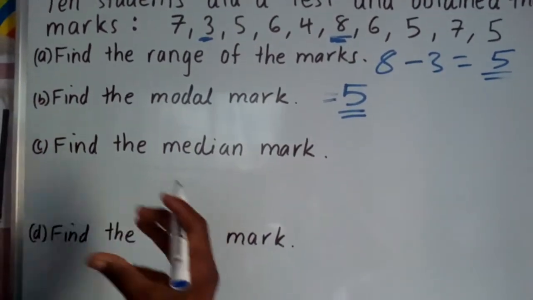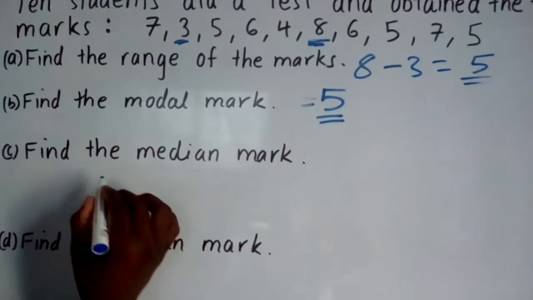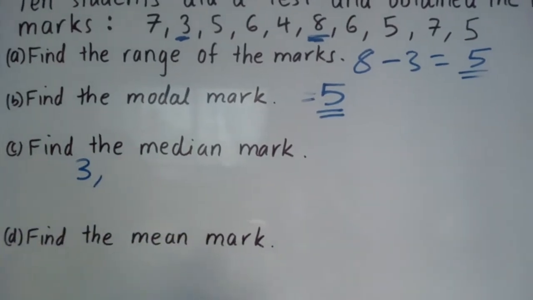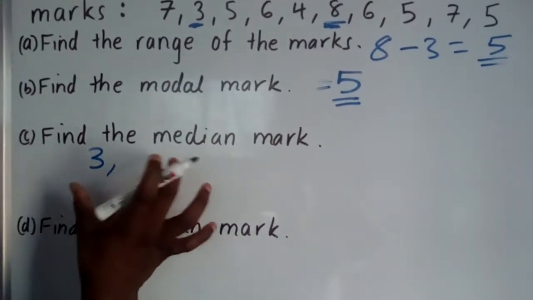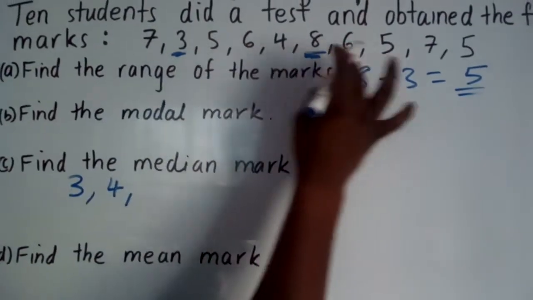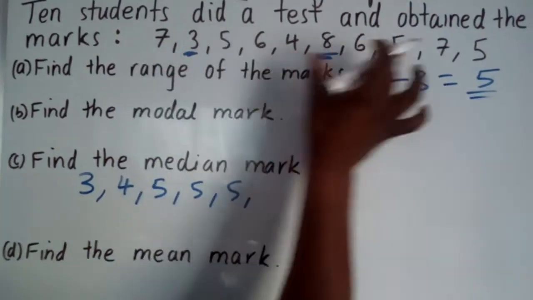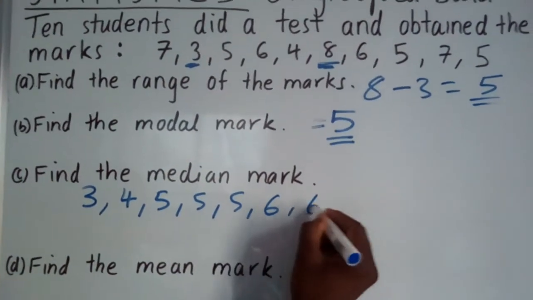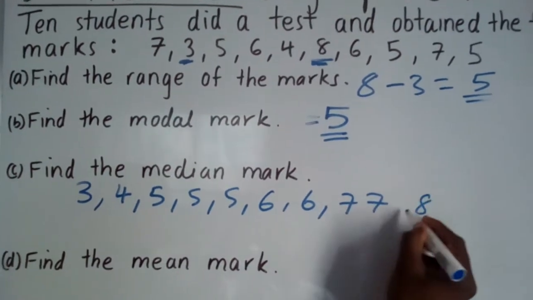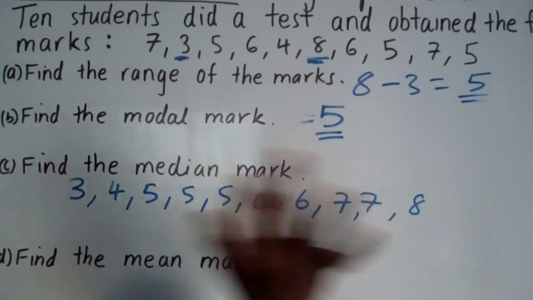Next we have to find the median. Now we have to get all this information and we arrange it in order. We can either arrange it in increasing or decreasing order. Now we are going to arrange it in increasing order. 1, 2, 3, 4, 5, 6, 7, 8, 9, 10.